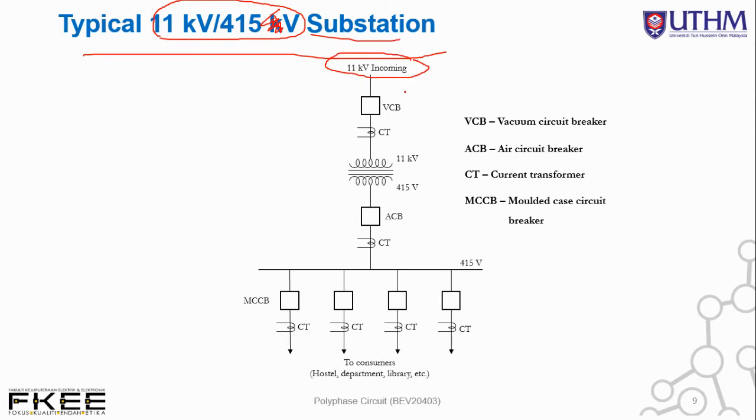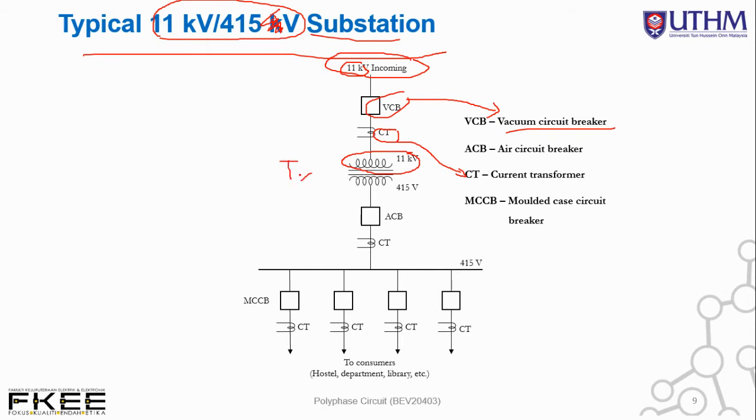So the VCB, the vacuum circuit breaker, is for protection and safety. Why VCB? Because it complies with the high voltage over here, 11 kV. Then we have the current transformer for metering purposes and again for protection, at 11 kV on the primary side of the transformer, TX.